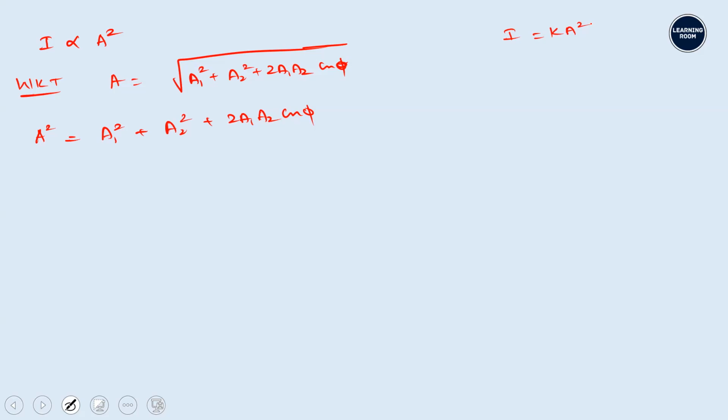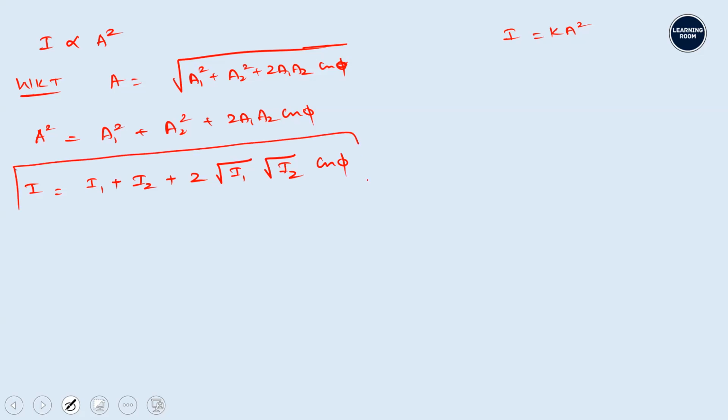So I'll have I is equal to I1 plus I2 plus 2 times root of I1 into root of I2 times cos phi. Here I is the intensity of the resultant: the intensity of the first wave plus the intensity of the second wave plus that cross term. Can I say that this is going to be the intensity of the resultant?